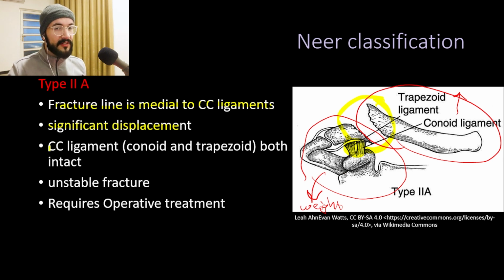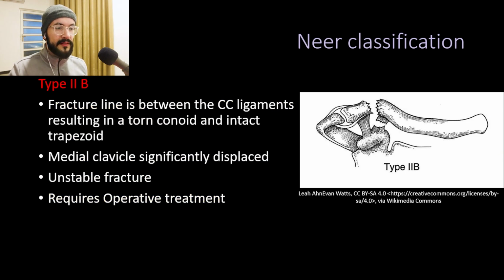And the coracoclavicular ligaments, the conoid and trapezoid, are both intact, as you can see in this picture, and this is an unstable fracture because there is a great degree of displacement that requires operative treatment in most of the cases.